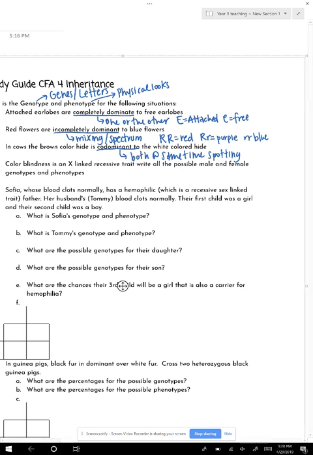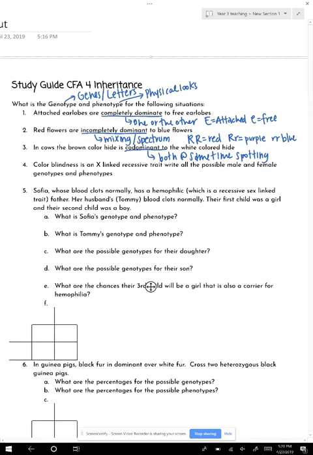Okay, it says brown color hide is codominant to white color hide. Again, I get to pick whichever letters I want. So I'll have capital B be brown, and then I'll have capital B capital W, which means brown and white, so brown plus white.